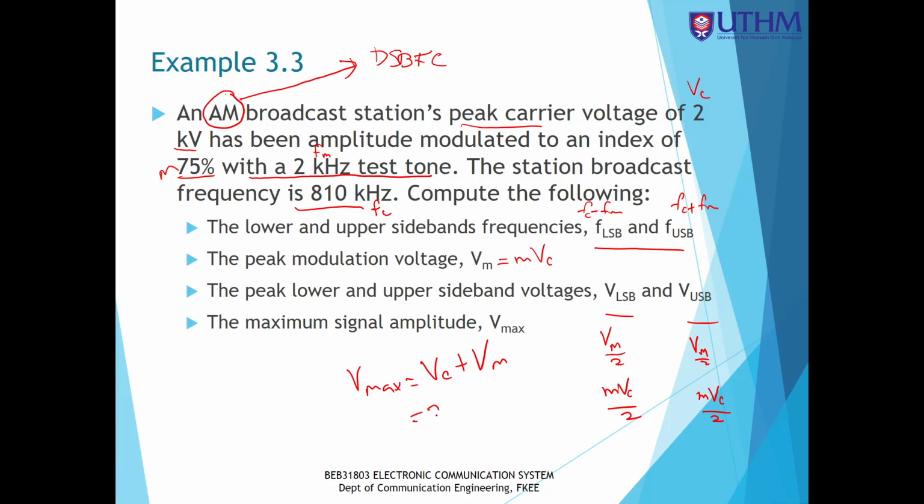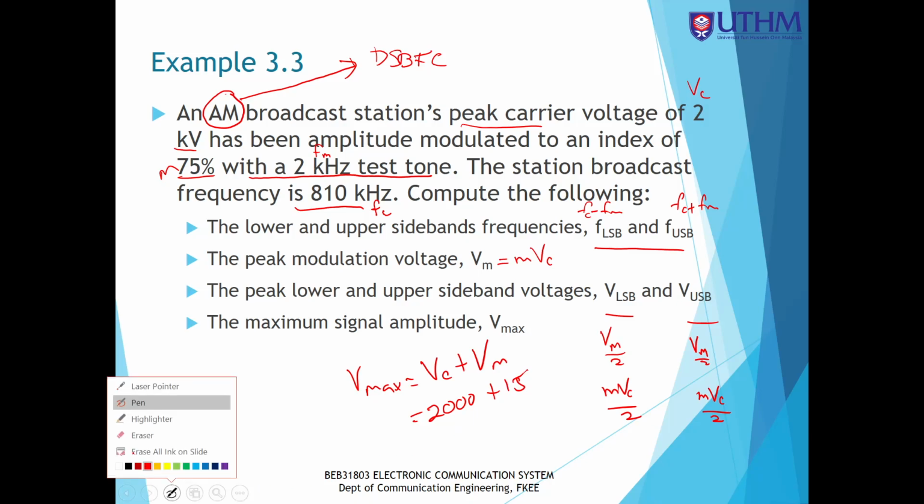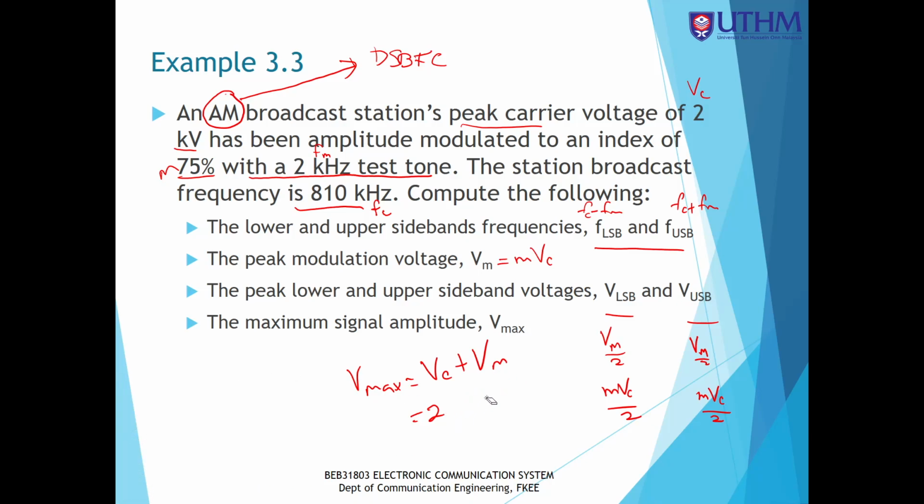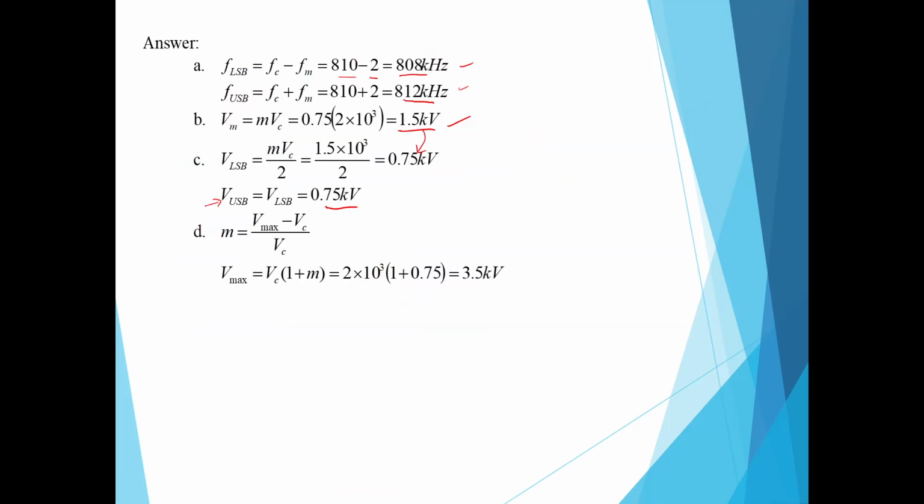So 2 kilovolt plus 1.5 kilovolt, which is equal to 3.5 kilovolt, or 3500 volt. Finish.